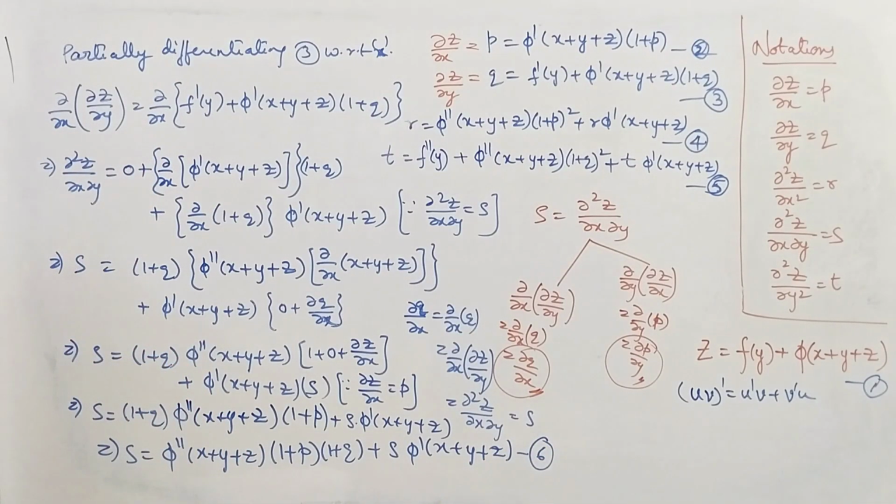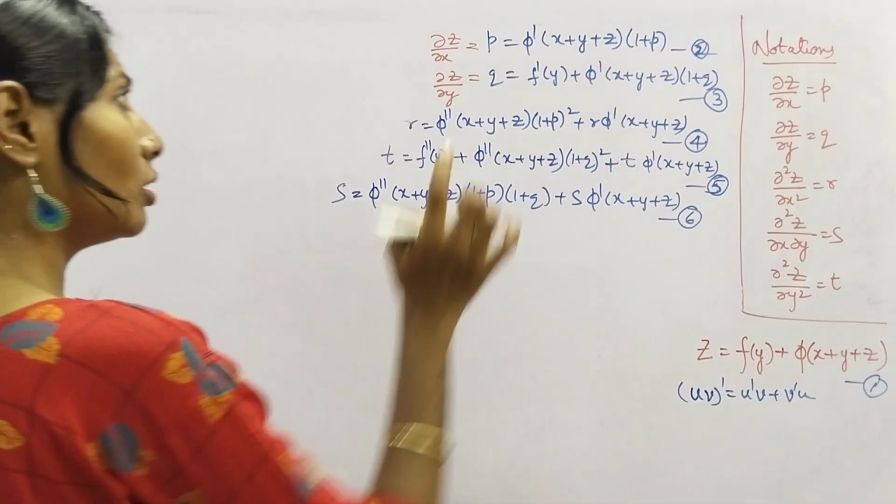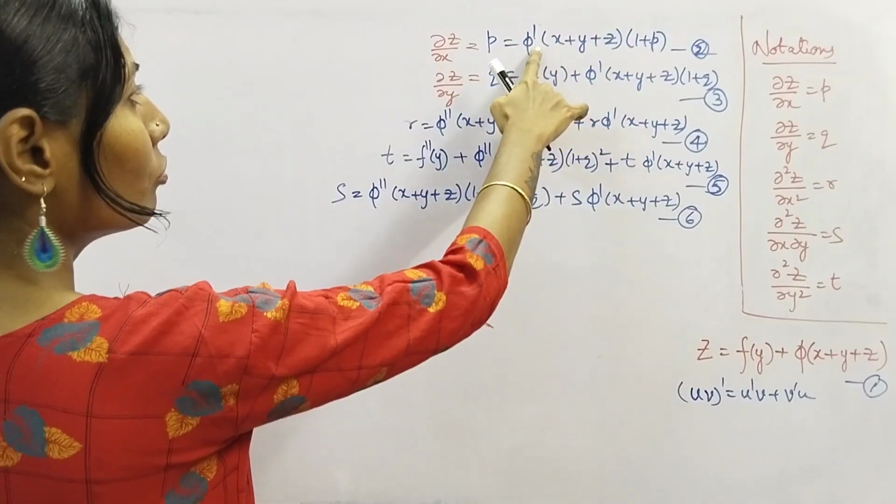Very fine. Now observe all the equations. In equation 2 you have phi dash.